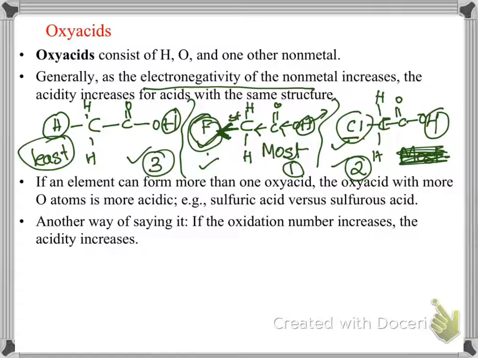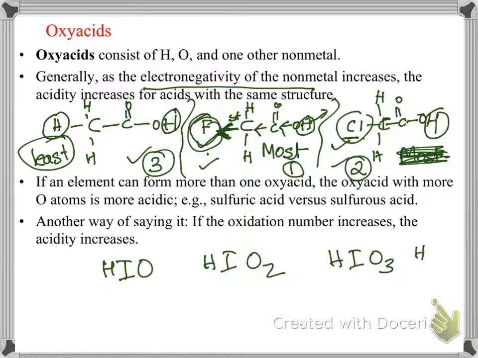Now, let's compare these acids: HIO, HIO2, HIO3, HIO4. These are also known as oxyacids, and the difference is they have different numbers of oxygen atoms.